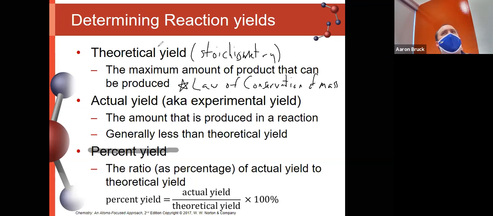Theoretical yield, stoichiometry says this is what I should get. Actual yield, you do the experiment and this is what you actually get. And the two should be compared to each other for percent yield. The closer it is to 100%, the more efficiently, the more well run that conversion is.